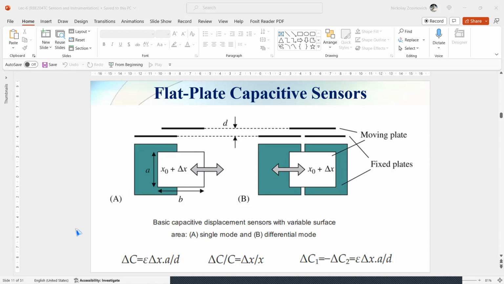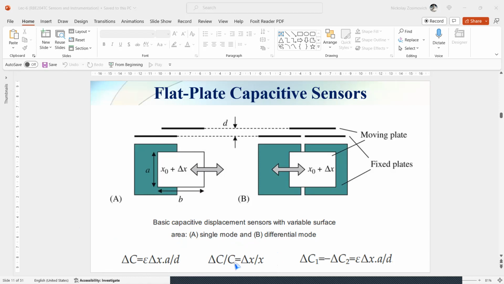Displacement in this direction introduces a capacitance change. So in the ideal situation, delta C is proportional to epsilon delta X times A over D, or for relative changes in the middle formula, delta C over C is proportional to delta X over X. All other parameters need to be constant during movement of the plate, right?